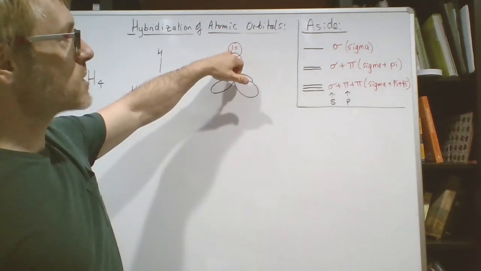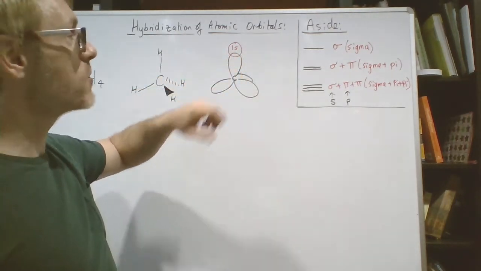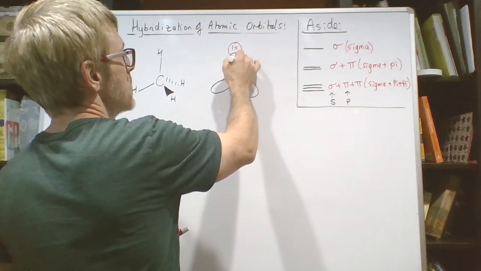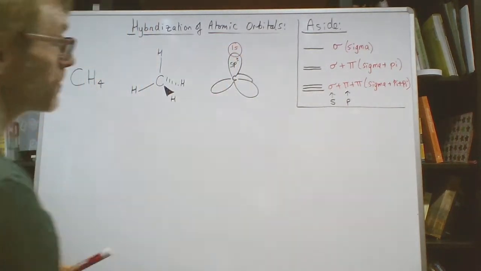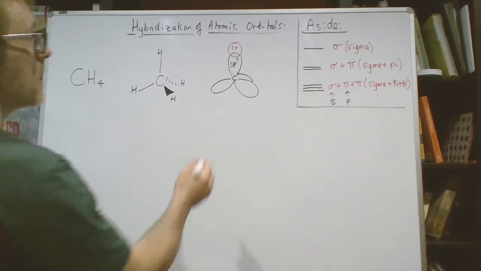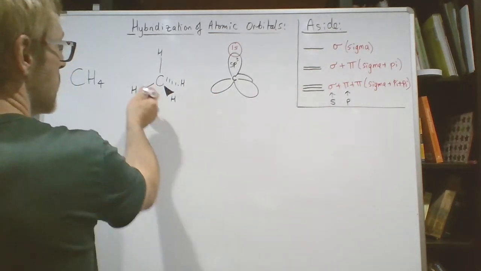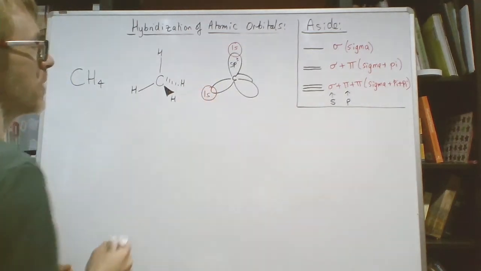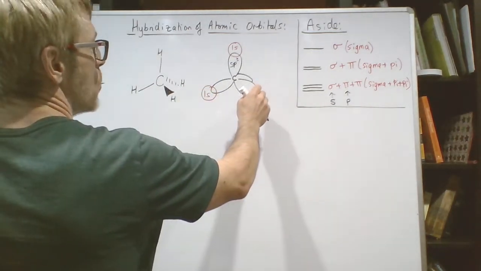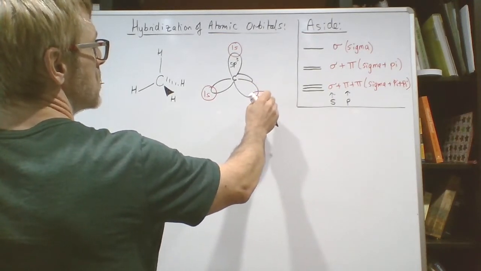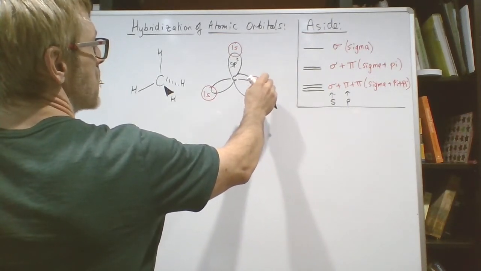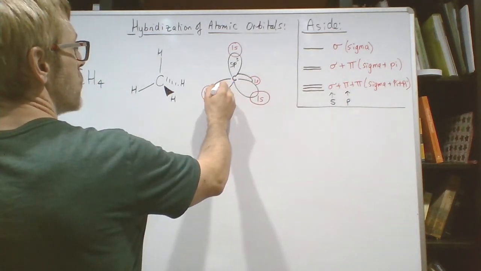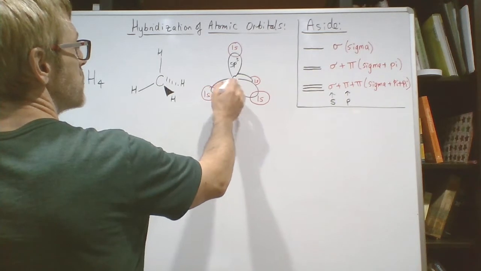So we've got the interaction of the 1s atomic orbital of hydrogen with one of the sp3 hybrid lobes of carbon. We've also got another hydrogen down here, that's a 1s orbital of hydrogen, another 1s orbital of hydrogen, and then finally right at the back, a 1s orbital here. Remember, these are the 4 sp3 hybrid lobes.